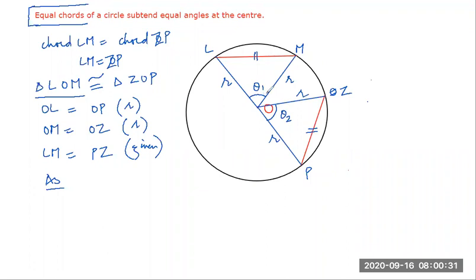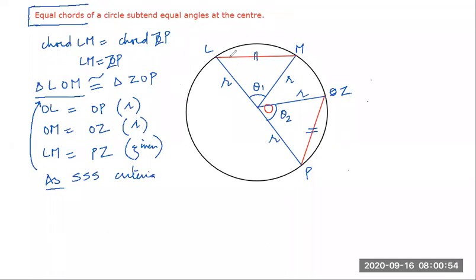We have to prove that this angle is equal to this angle. So, as per triple S criteria, I can say both the triangles are congruent. And when both the triangles are congruent, all the corresponding parts are equal.